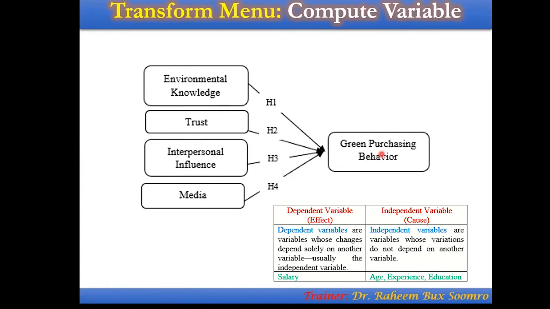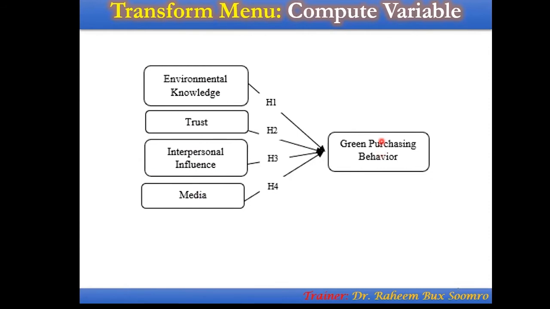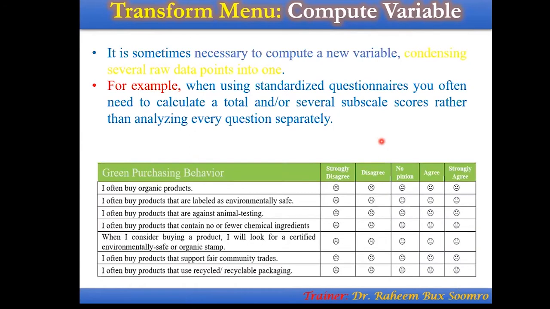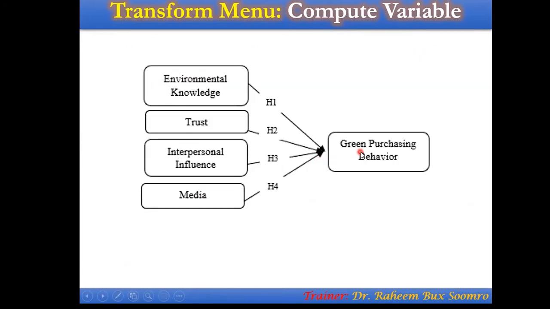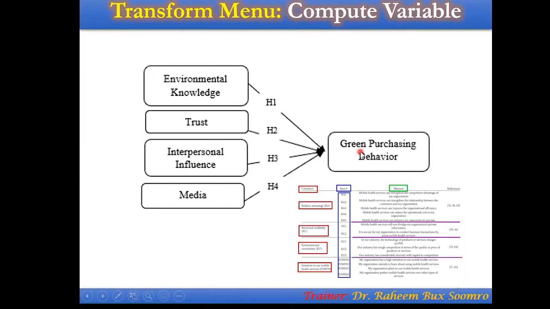Normally in the questionnaire, there are different items for green purchasing behavior. For example, there are 7 items for this construct, 6 items for this construct, 3 items for this construct. So different items are there.